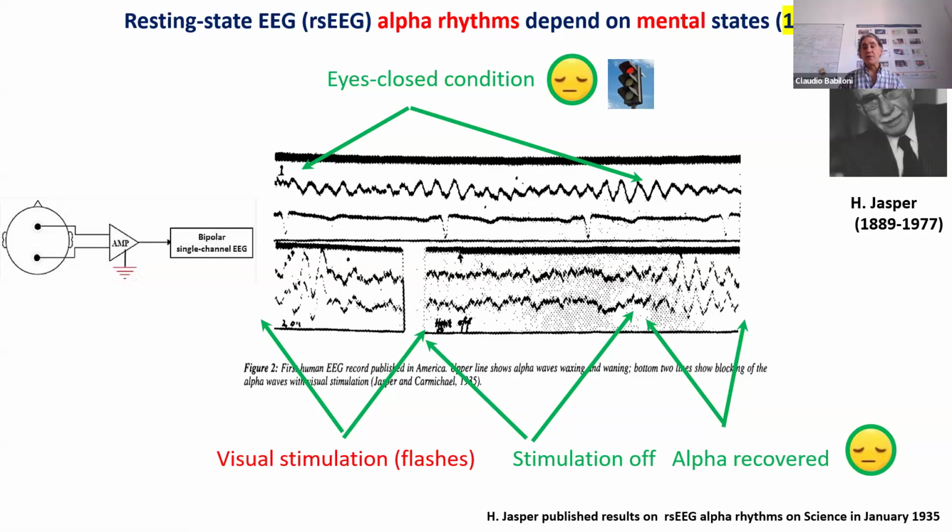So this was the first demonstration that the alpha rhythms were desynchronized also in relation to a mental activity. Some visual imagery followed the visual stimulation.